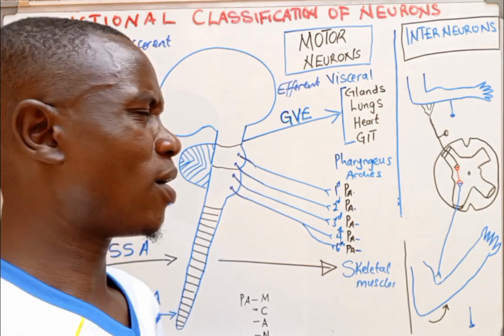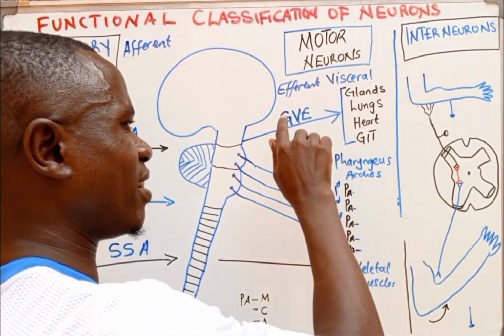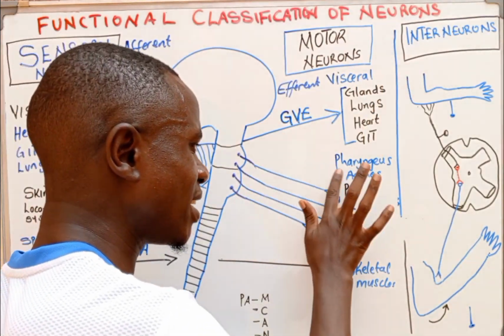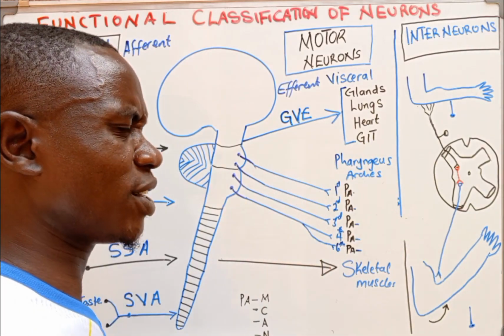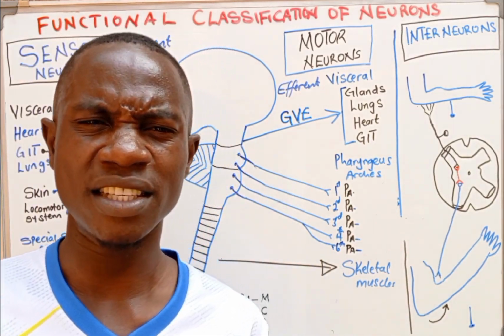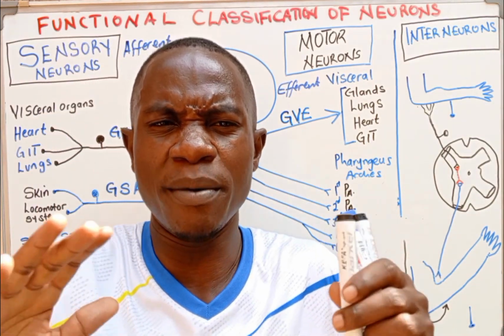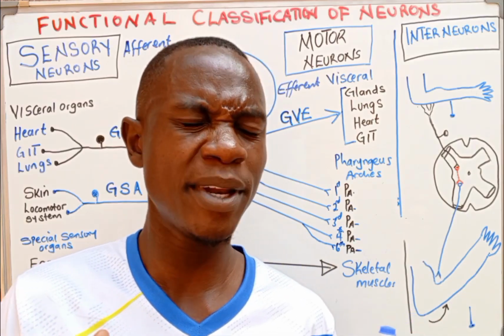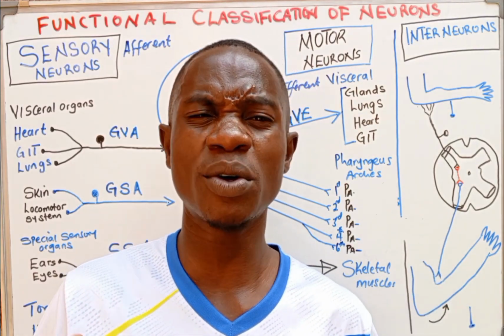Having looked at the general visceral efferent fibers going to those visceral organs, let's now quickly look at what we call the pharyngeal arches. What are pharyngeal arches? Pharyngeal arches are going to be more of the bulbous structures, which are going to be located in what we call the primitive areas during embryological development.